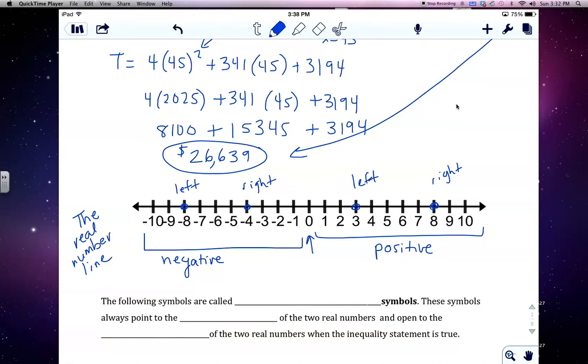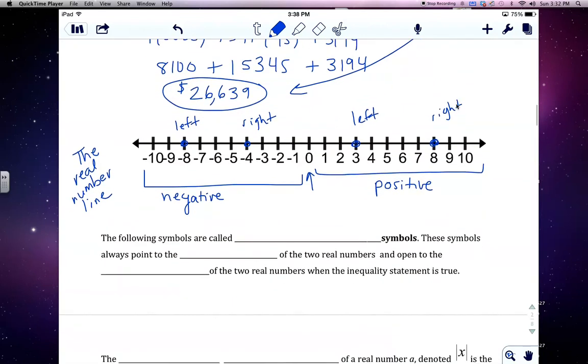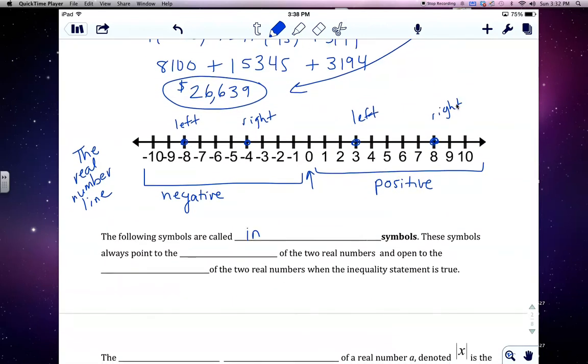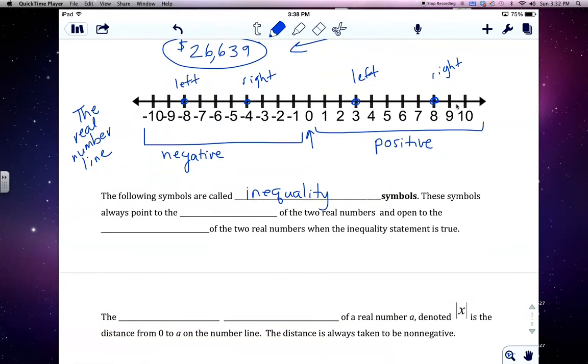So let's go ahead and look at symbols, and we're going to look at something called inequality symbols. With inequality symbols, we have the greater than symbol, the less than symbol, the greater than or equal to symbol, and the less than or equal to symbol.